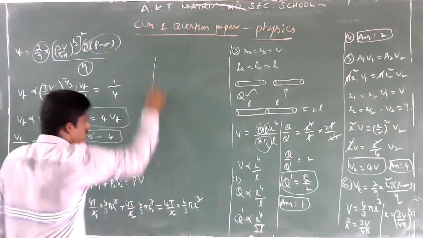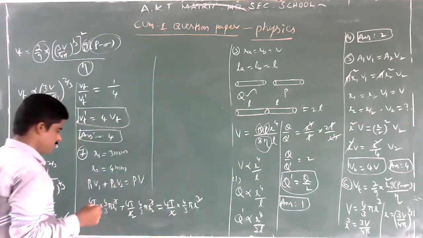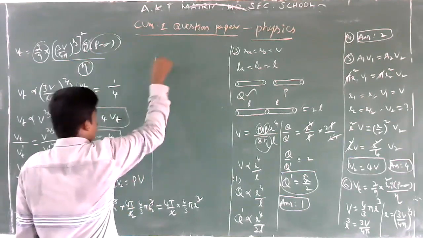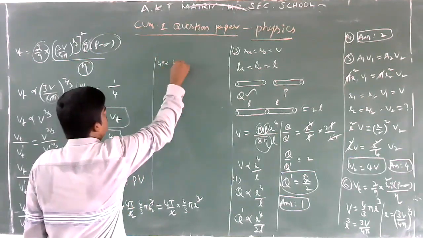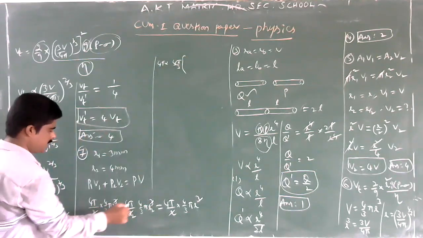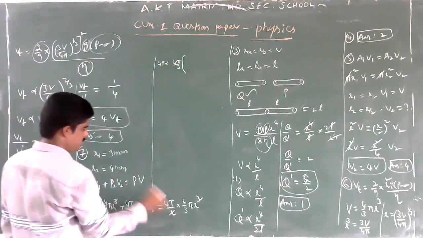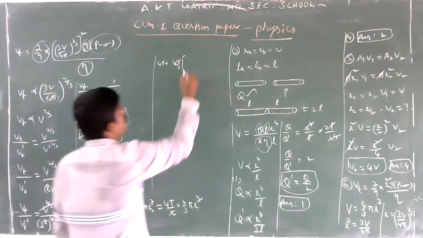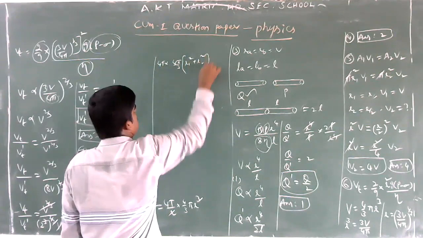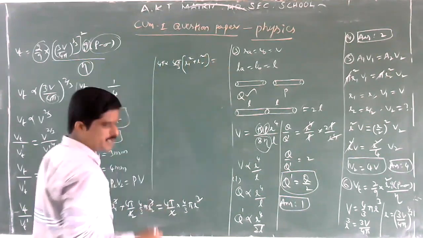Next, on the left hand side, 4T into 4 pi by 3 is common, here also 4T into 4 pi by 3 is common. Remaining R1 square plus R2 square, that is equal to the right hand side.